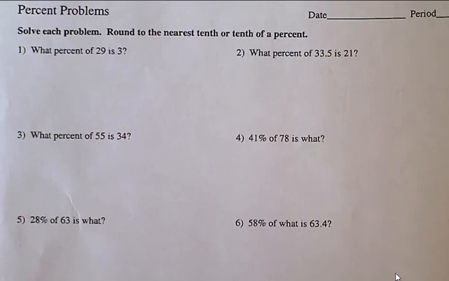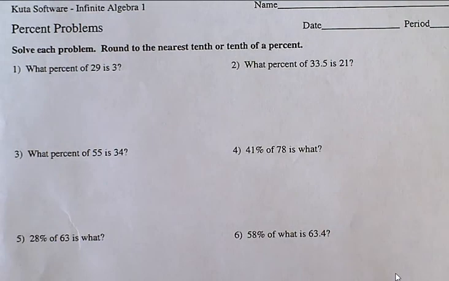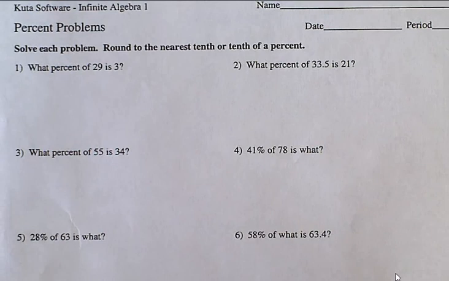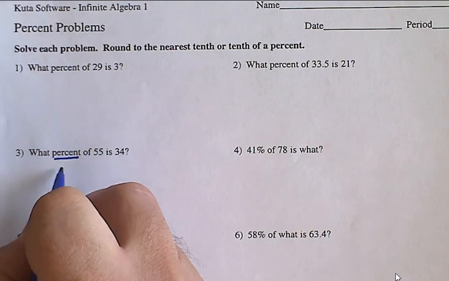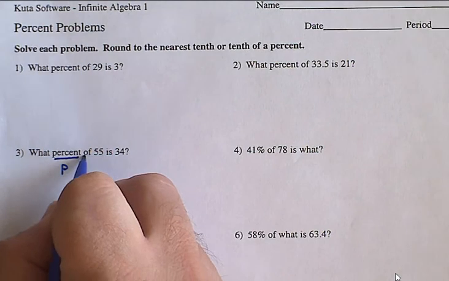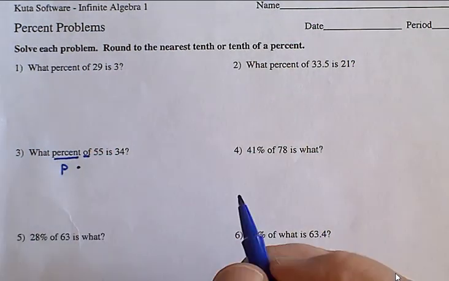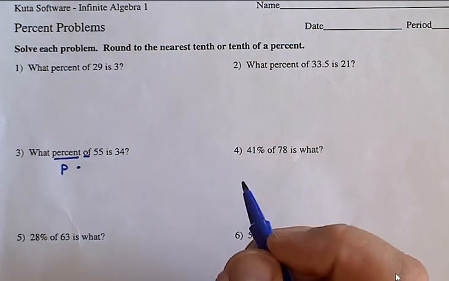This is what your worksheet looks like if you haven't looked at it yet. Let's look at number 3. Problems 1, 2, and 3 say what percent? They're asking you to find a percent, so I know that's P. Like we said before, the word of always means multiplication, and connected to P will always be your base.